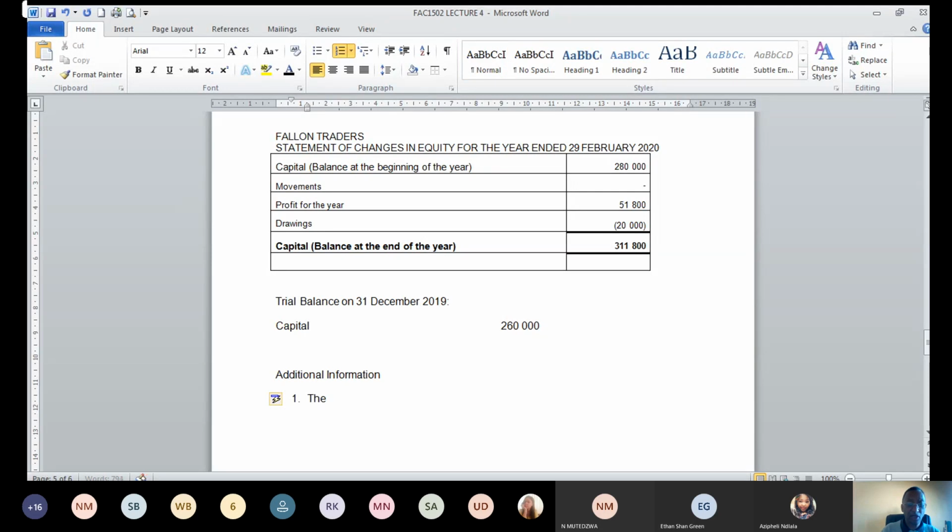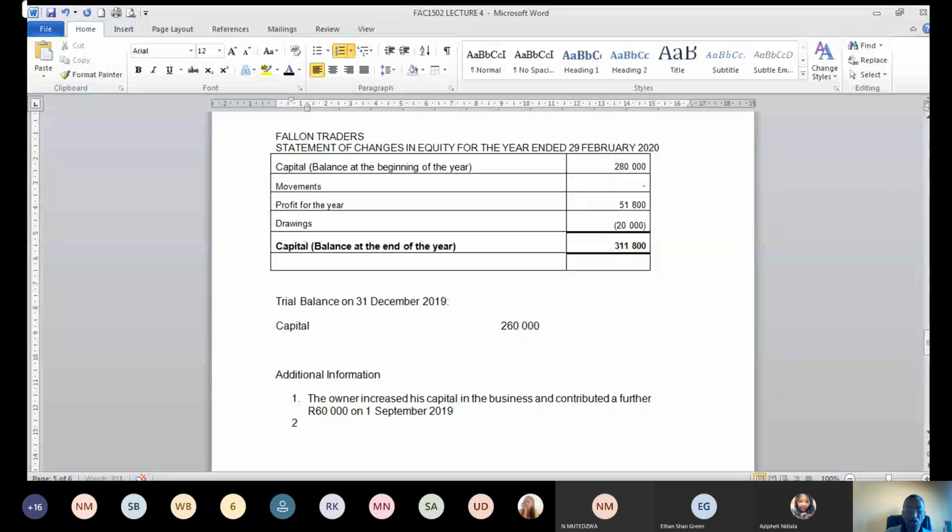Number one, the owner invested in his capital in the business and contributed a further 60,000 rand on the 1st of September 2019. Okay, so how are we now going to account for this?